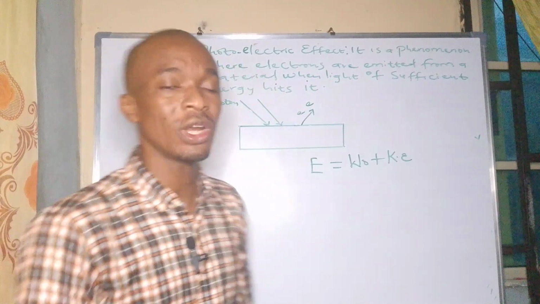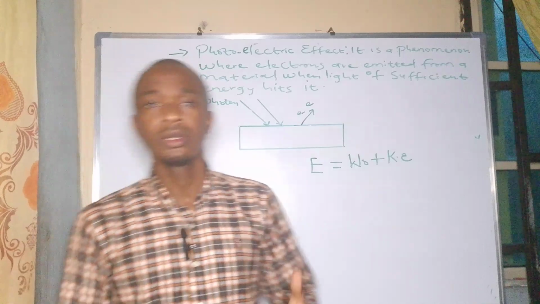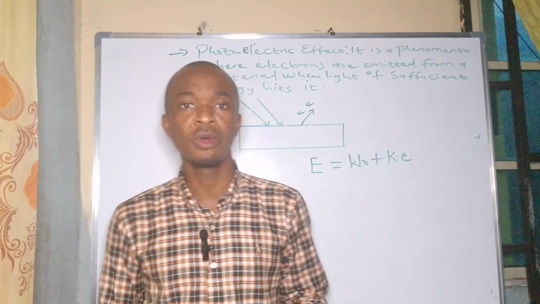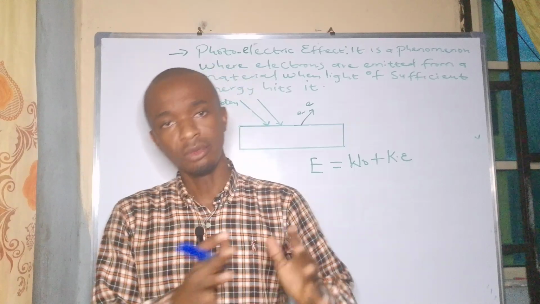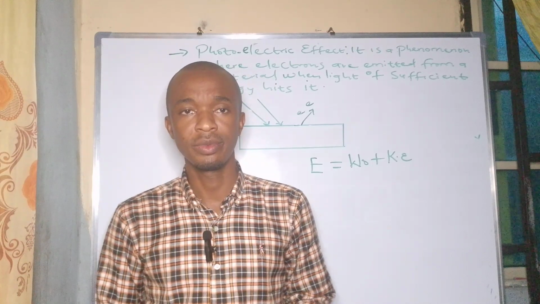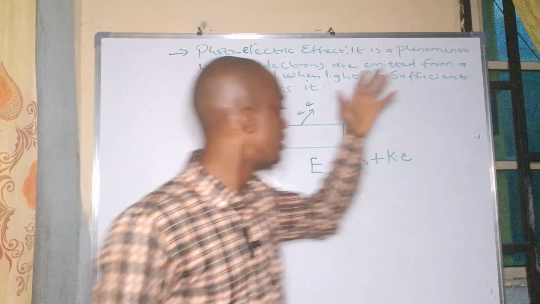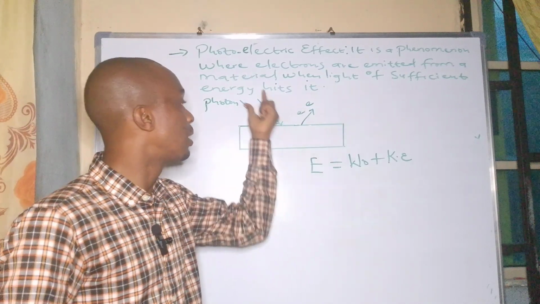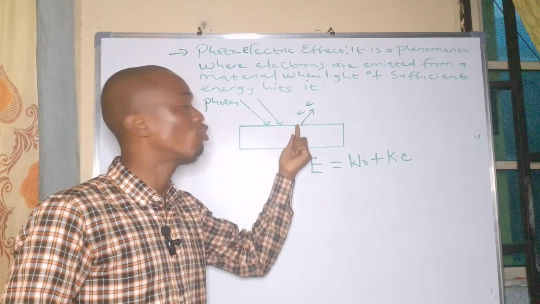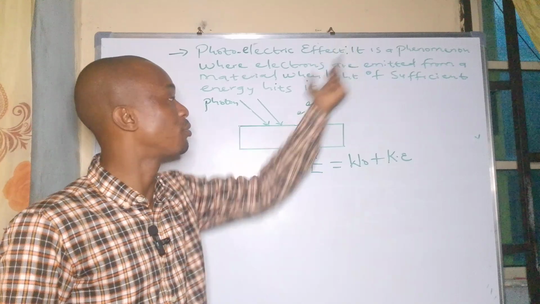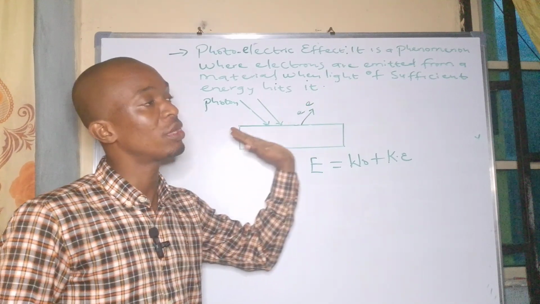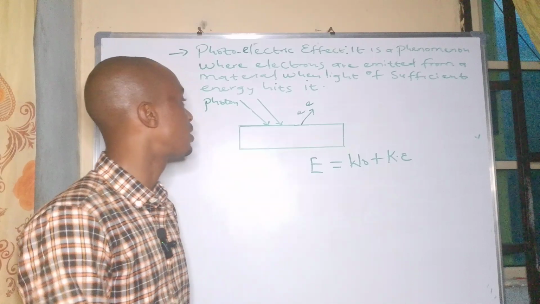So what is the photoelectric effect? It is a phenomenon where electrons are released from the surface of a material when light hits that material. Light causes the electrons to be moved out from the material.